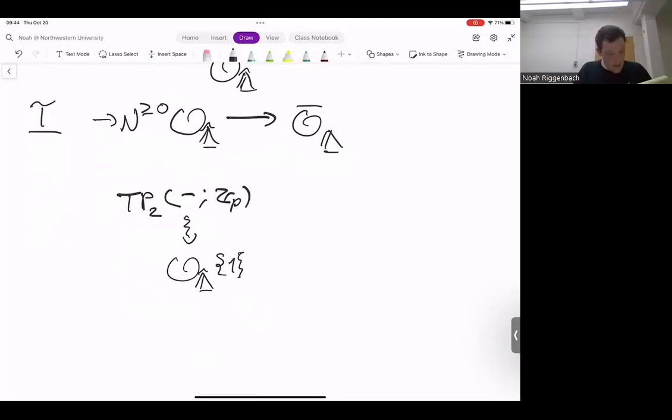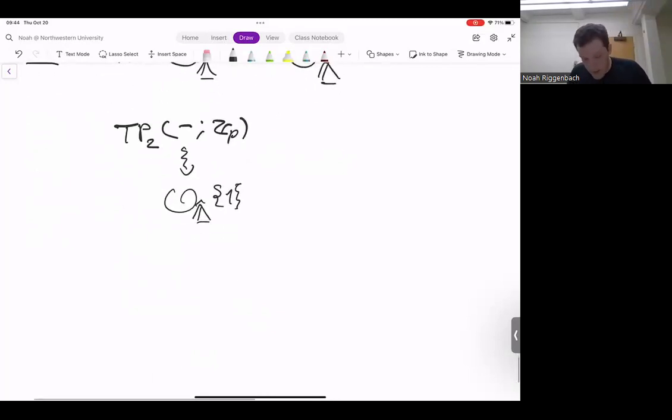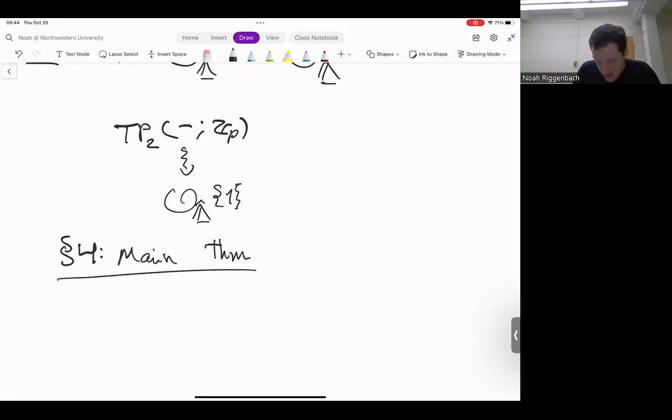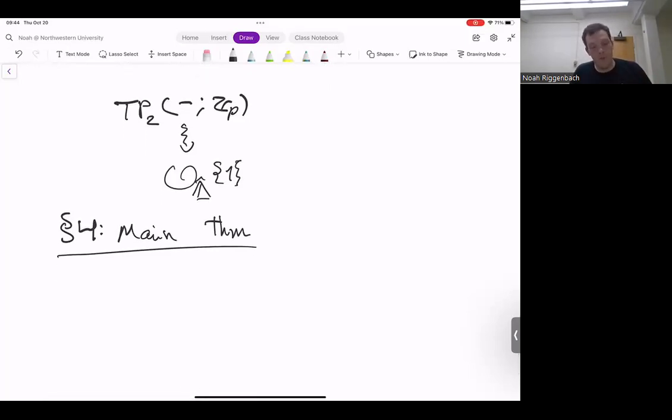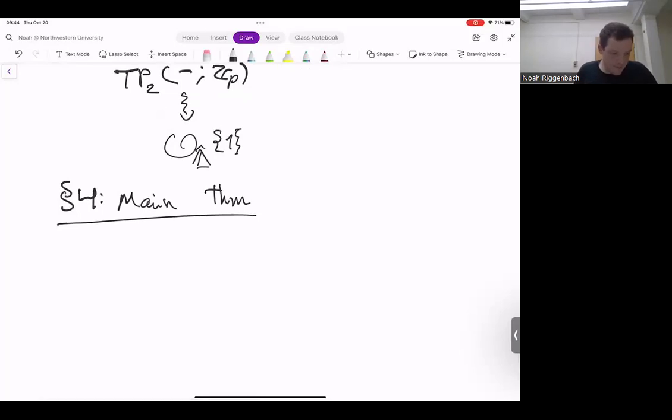And so, getting to my main theorem in the last minute. Sorry about that. So the main theorem is that in many cases, you can actually write down the K groups of the relative truncated polynomial algebras in terms of the sheaves I just listed, and that these sheaves are very computable. So here's the theorem.